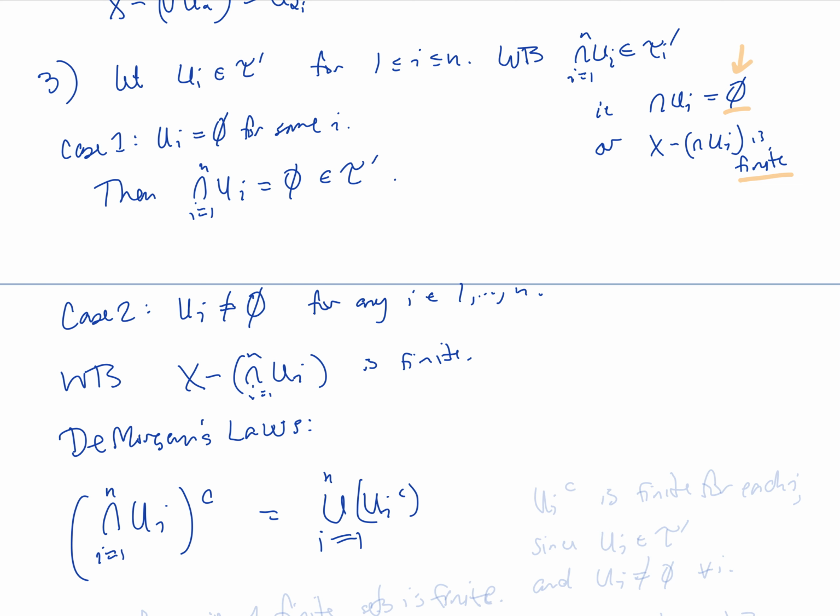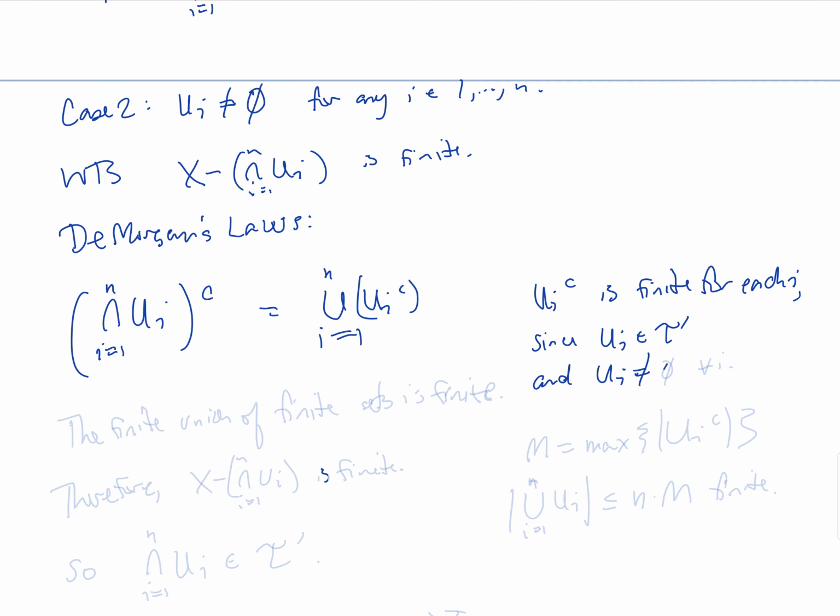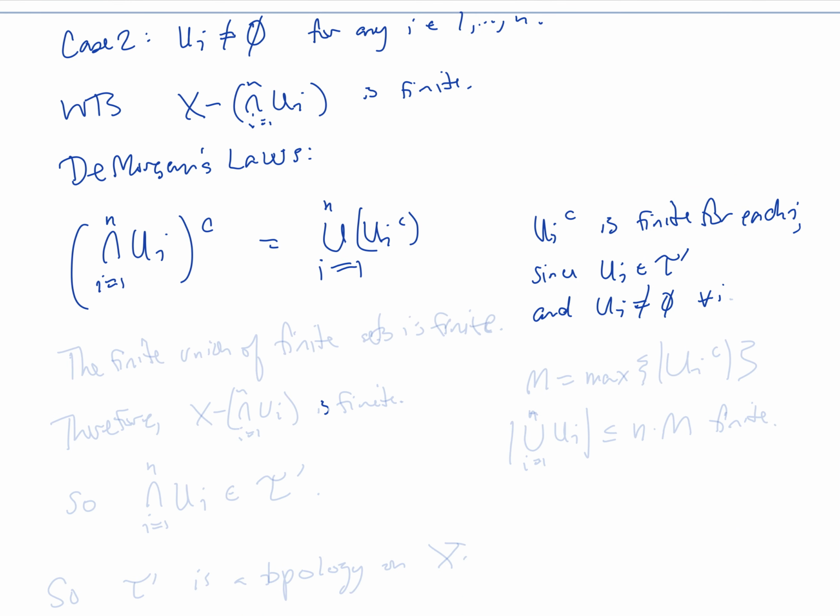And, well, what do we know? Because none of the U_i's was equal to the empty set, that means that U_i complement is finite for each i, since U_i is in tau prime and U_i is not equal to the empty set for all i.